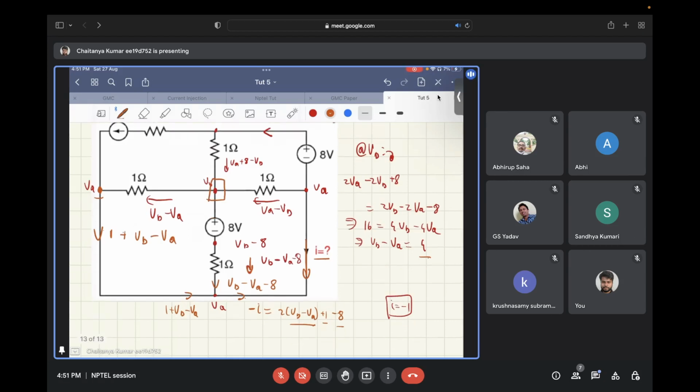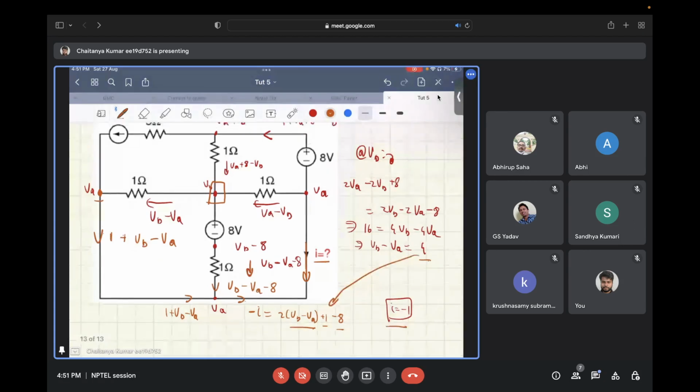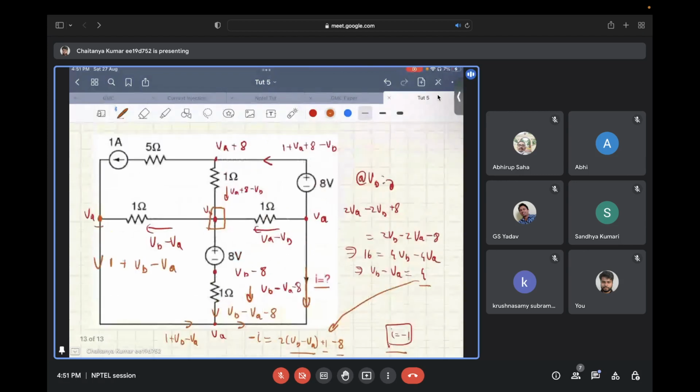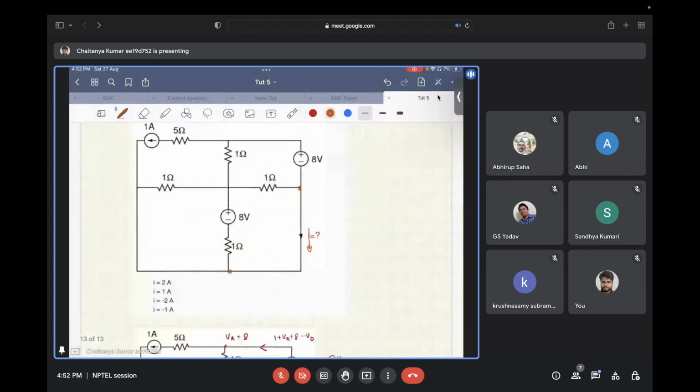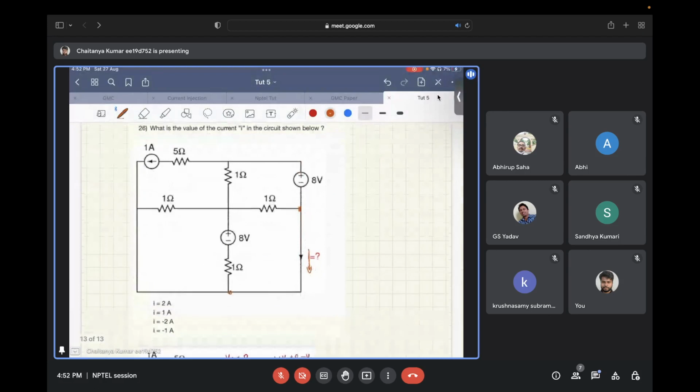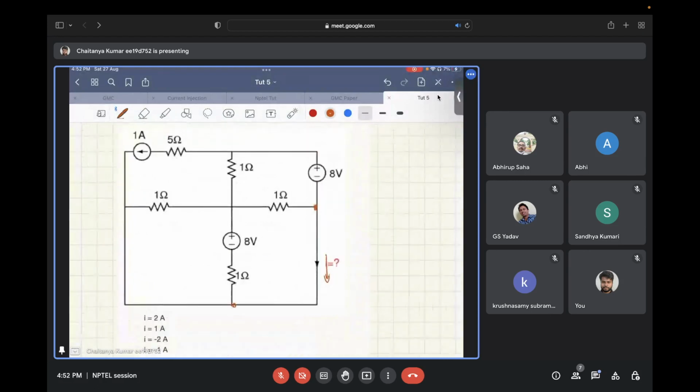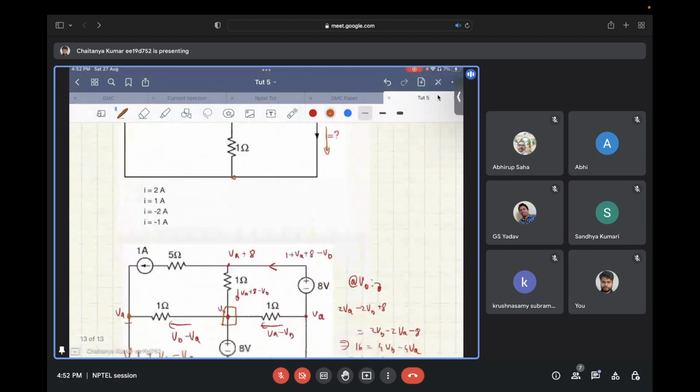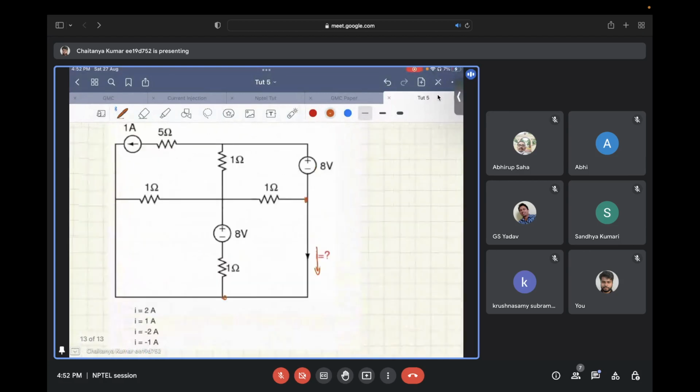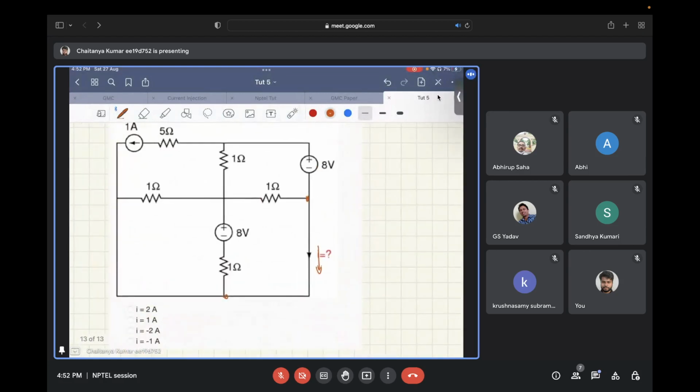If you substitute this in this equation, you get the value of I as minus 1. So yeah, this was a little haphazard question. You needed to use some tricks or some clean algebra to solve this. Any doubt in this?